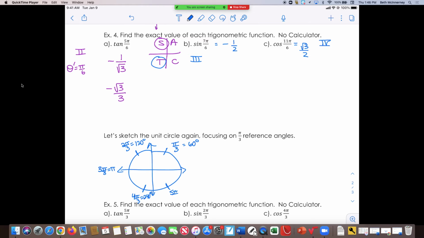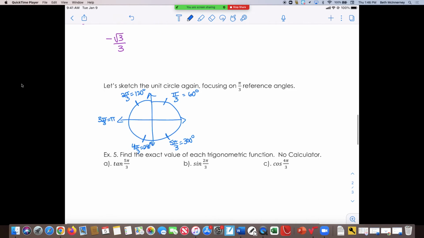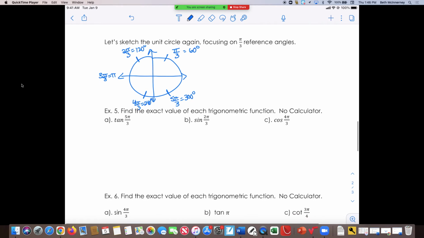And then I do 5 pi over 3, which is 300. So I'm going to make my 30-60, but rotate it. And you could use the original 30-60 right triangle.